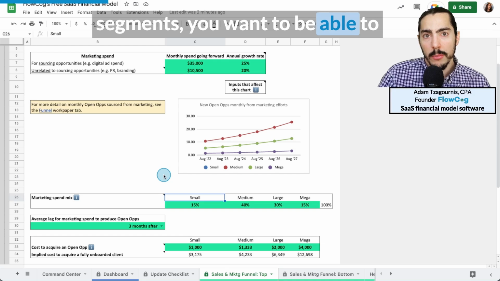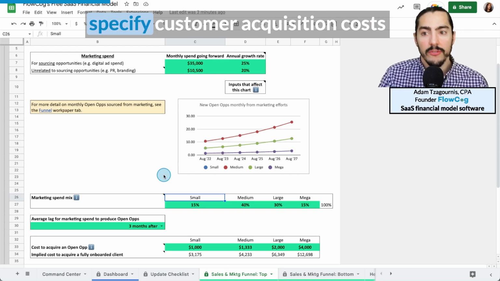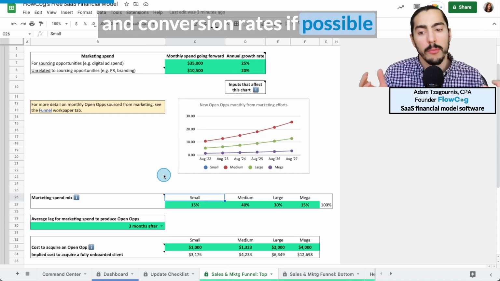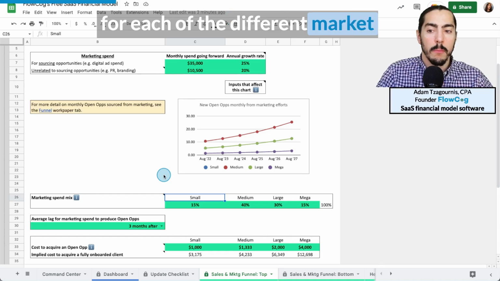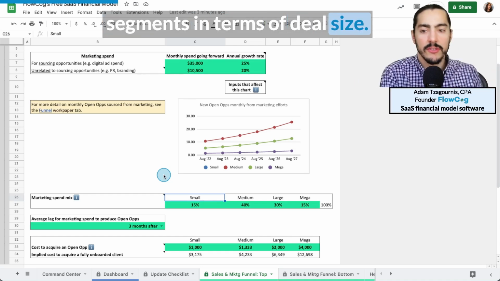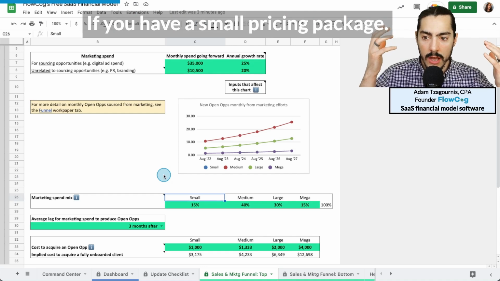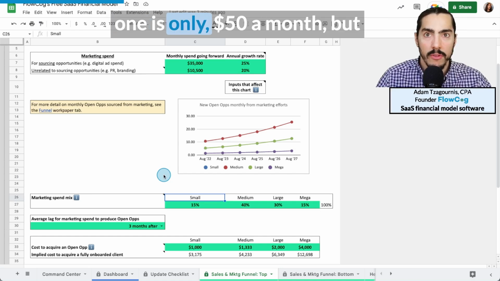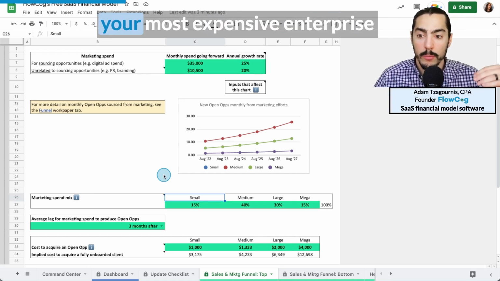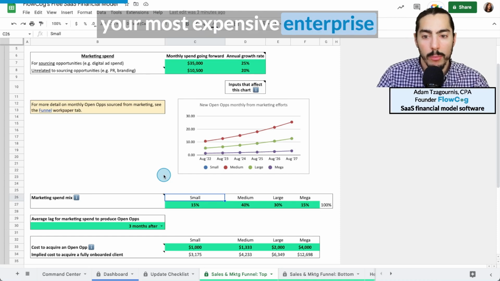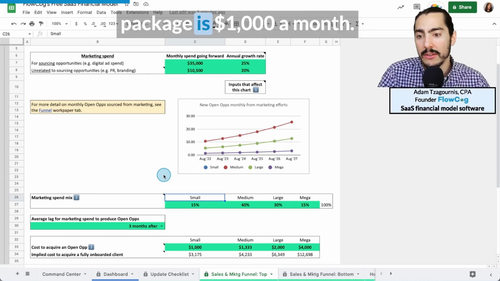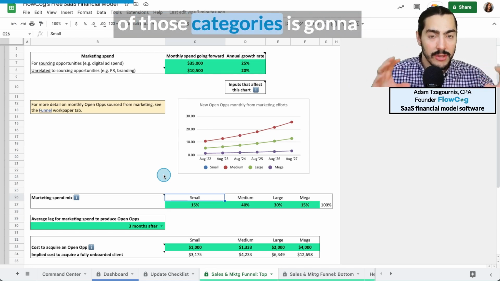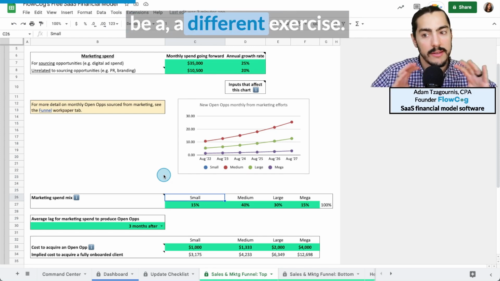You want to be able to specify customer acquisition costs and conversion rates, if possible, for each of the different market segments in terms of deal size. If you have a small pricing package, if your least expensive one is only $50 a month, but your most expensive enterprise package is $1,000 a month, acquiring a customer in each of those categories is going to be a different exercise.